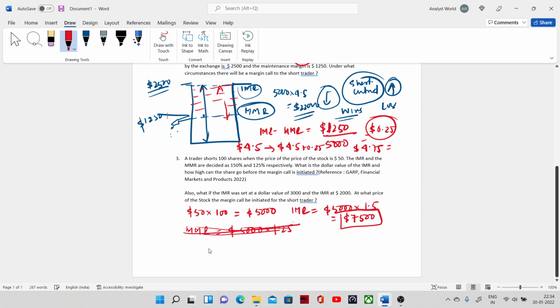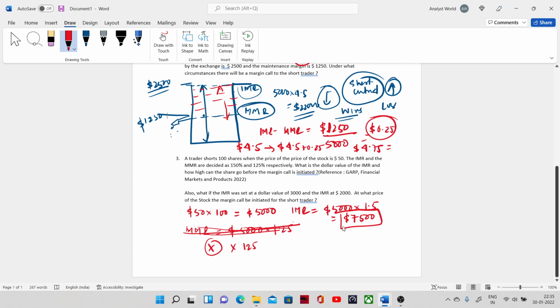So at one given point in time, when the price of this contract becomes X, 1.25 times X, or 125%, should be the maintenance margin. That's what it's been inferred as. So what is the dollar value of the IMR, and how high can the share price go before the margin call is initiated?